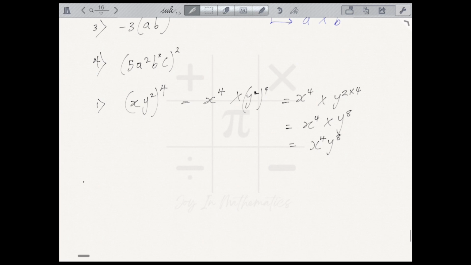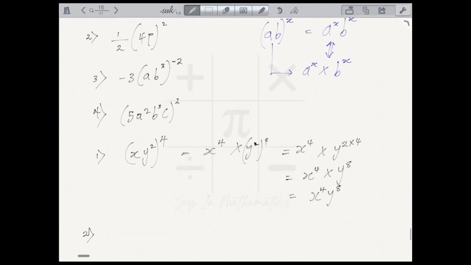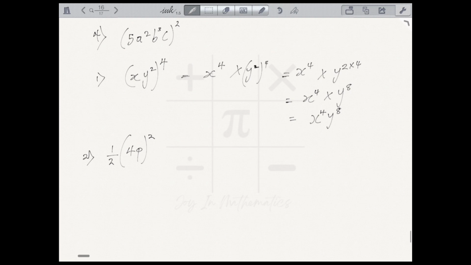Now let's consider question 2. Question 2 says 1/2 multiplied by (4p) all squared. Now 4p is an entity that is squared, but 1/2 is not in the bracket. So we can say this is 1/2 into the bracket of 4^2 multiplied by p^2.